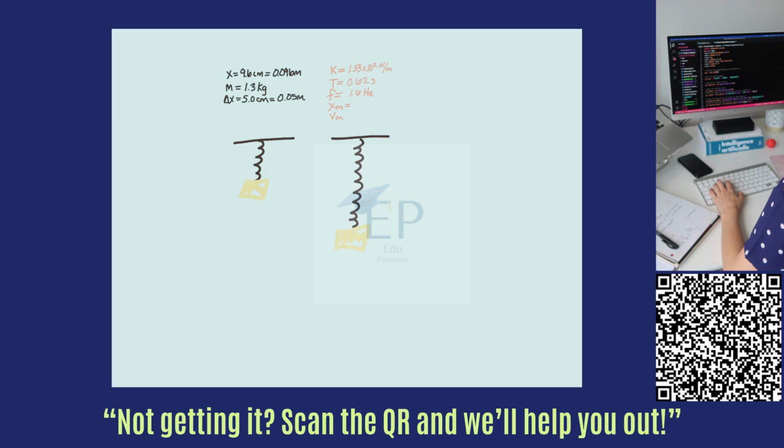So now to find the amplitude, we have to think about the scenario that we're working with here. At first, we started with a block that had a displacement. When the block was attached, the spring stretched 9.6 centimeters. Then the block was pulled down a total of 5 centimeters and let go, and that's when it started to oscillate back and forth.